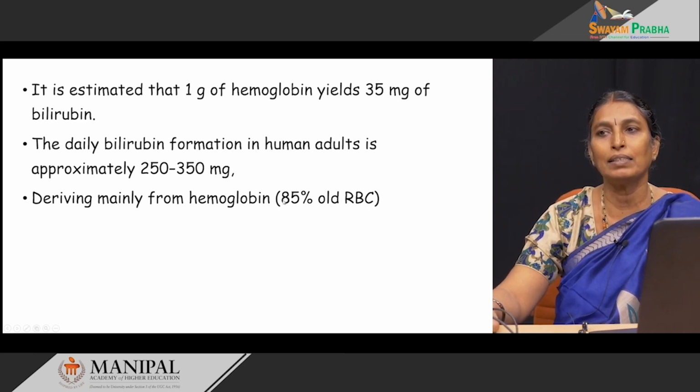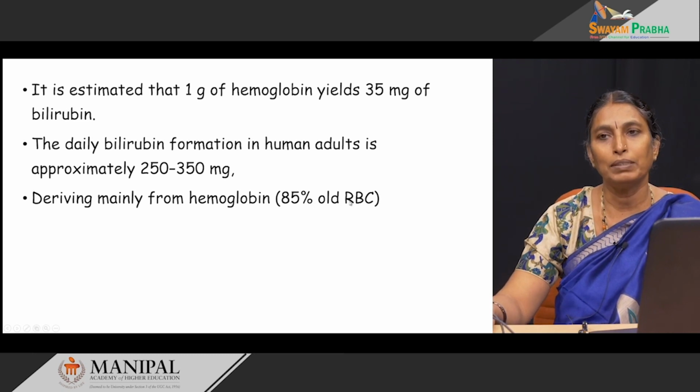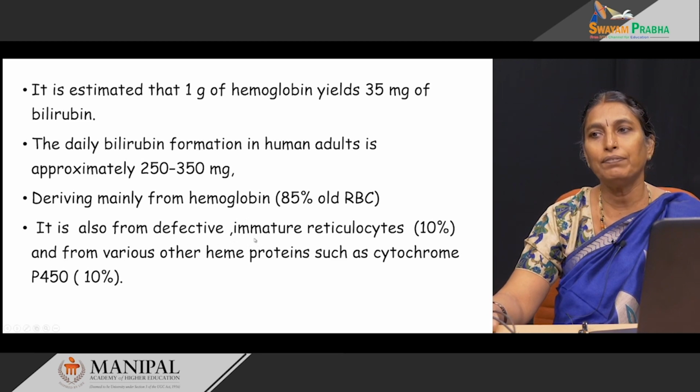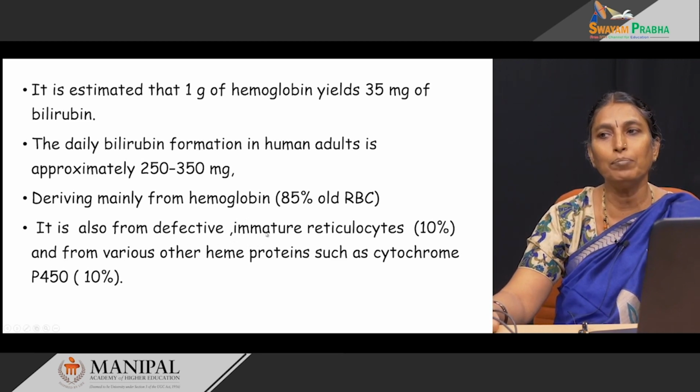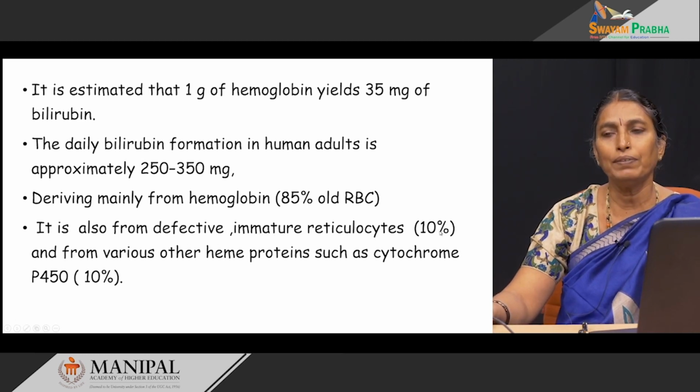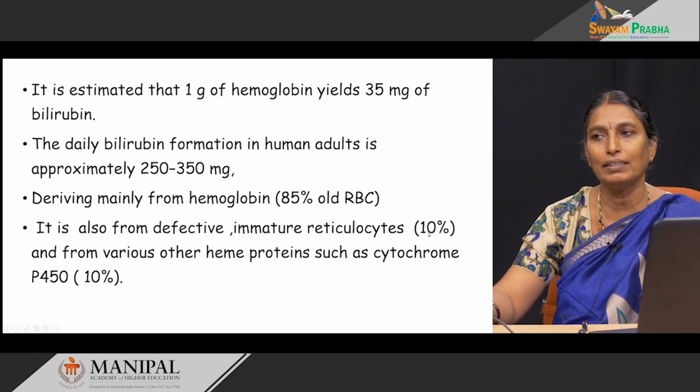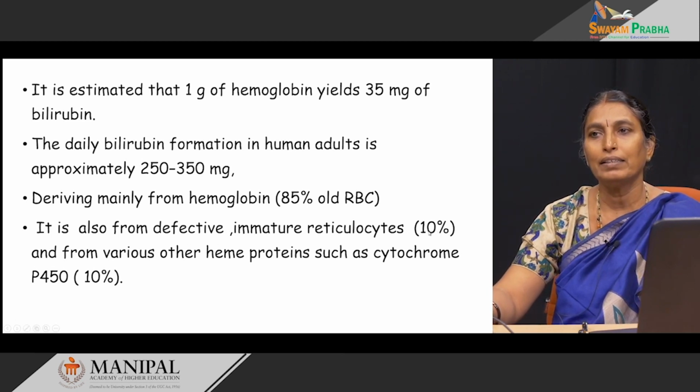Macrophages will release this hemoglobin from the RBCs. Other than this, we also have defective or immature reticulocytes. These are coming from the bone marrow. Nearly 10 to 15% of reticulocytes will get degraded and release hemoglobin.